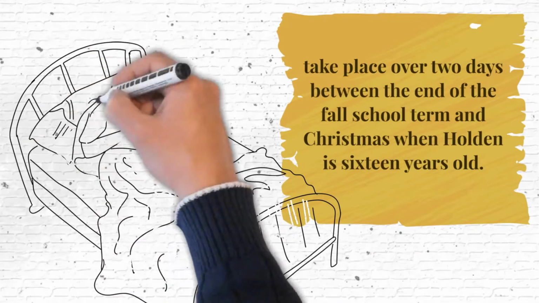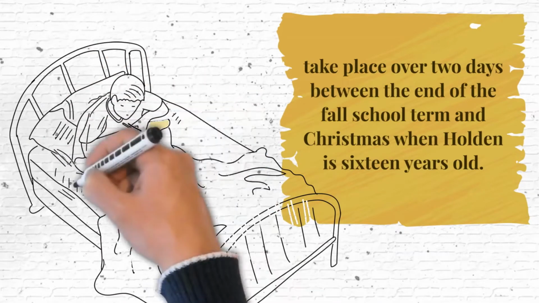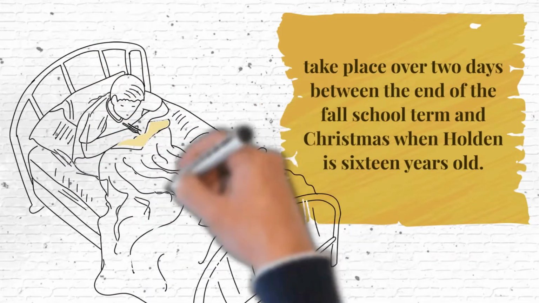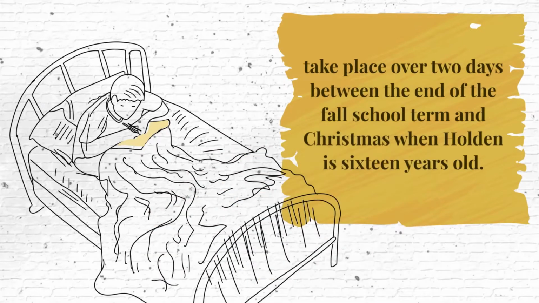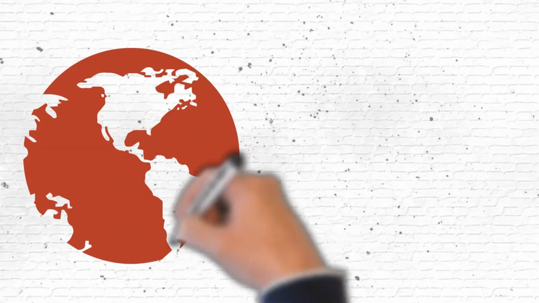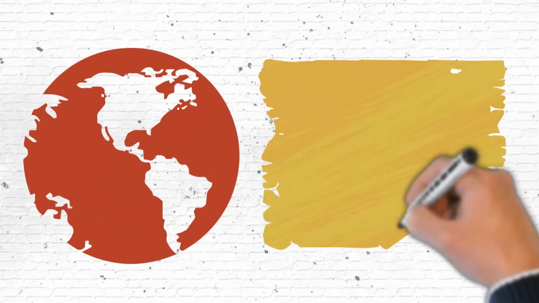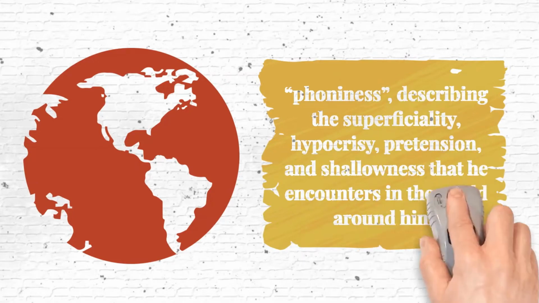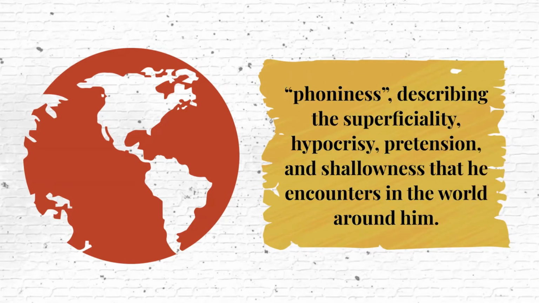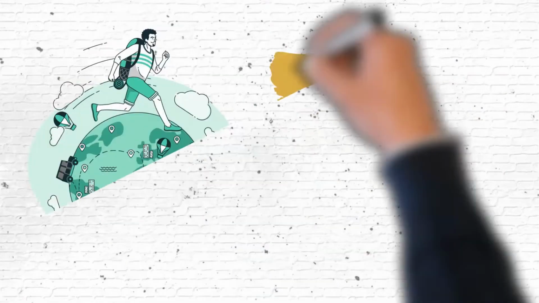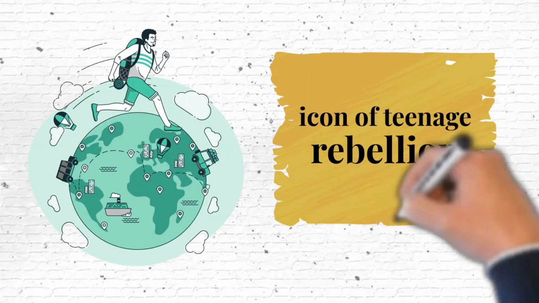The events he narrates take place over 2 days between the end of fall school term and Christmas when Holden is 16 years old. Holden is sick of people's phoniness, describing the superficiality, hypocrisy, pretension, and shallowness that he encounters in the world around him. Subsequently, he has become an icon of teenage rebellion.